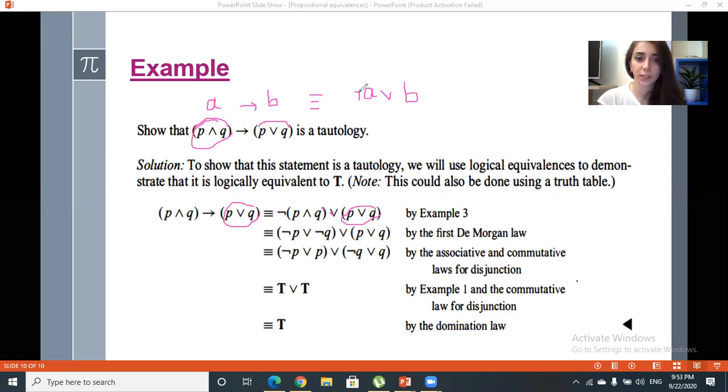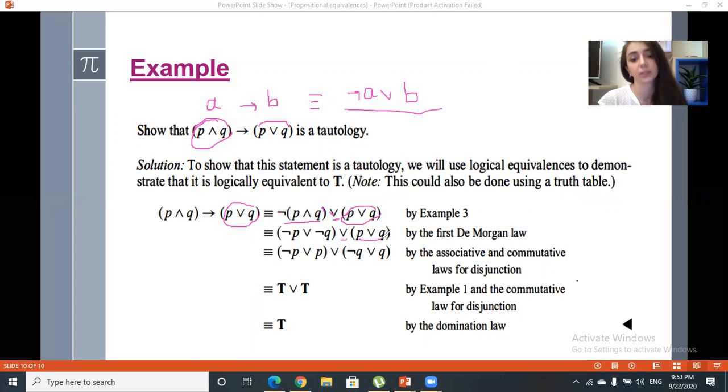We use this formula. And again, here we use the first De Morgan law. We open the brace. ¬P here, ¬P, disjunction ¬Q. The disjunction remains the same again.